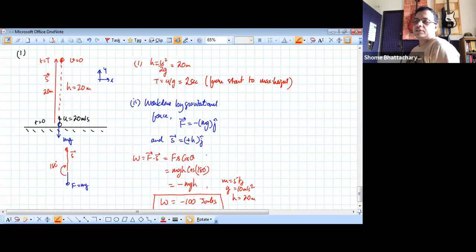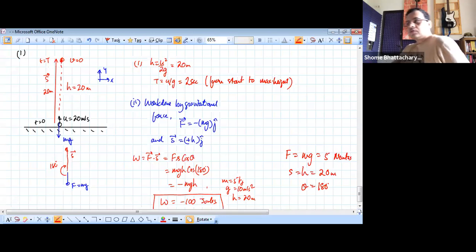Its magnitude, the gravitational force, is mg, which is, you can see, 50 newtons. Whereas the magnitude of the displacement is the maximum height, which is 20 meters. But also the angle between them is 180 degrees because they are opposite. So it is mgh with a minus sign, because cos 180 is minus 1. Is it clear now, Prince?